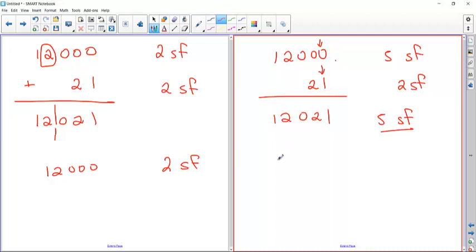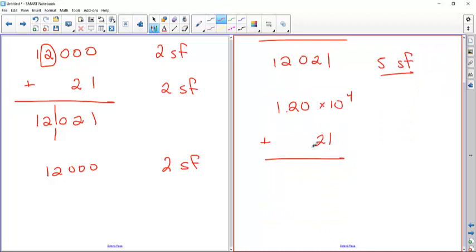Now let's say I had 1.20 times 10 to the fourth plus 21. So we have something in scientific notation and something in non-scientific notation. What you have to do here is rewrite this in non-scientific notation. So I would rewrite this as 12,000 again, but I'd have to remember that, because of this zero, I'm accurate to the hundreds place.